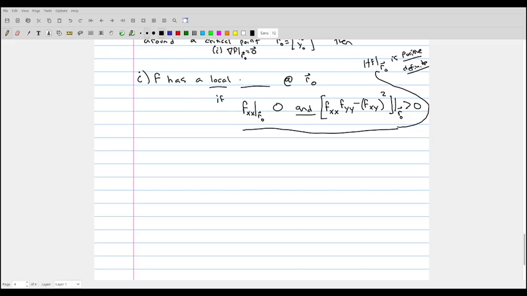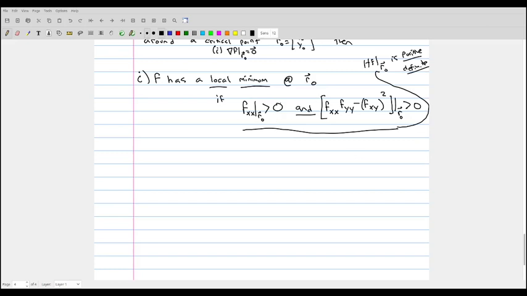So it has a local minimum if this is positive and this is positive. I like doing local minimum first because it's analogous to the second derivative being positive.